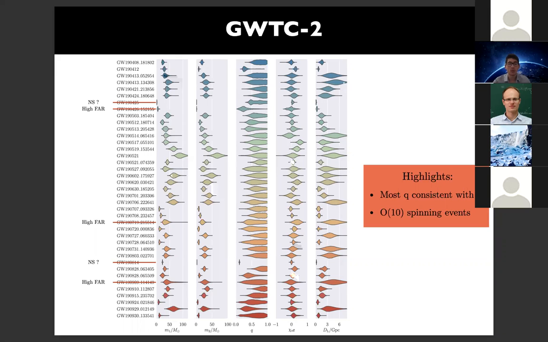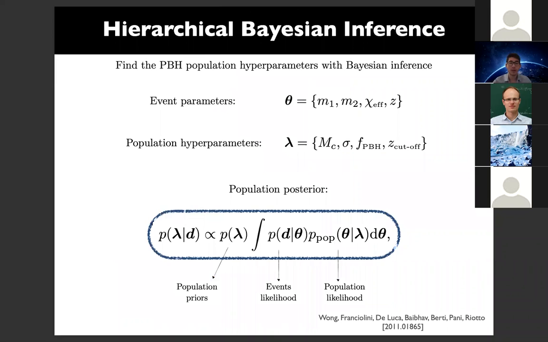In order to follow the population paper by LIGO, we have chosen not to consider them in our analysis. So we considered all the other events to be primordial and performed a hierarchical Bayesian inference in order to find the population hyperparameters for the PBH model which best fit the data.